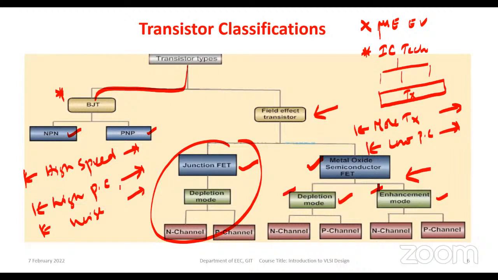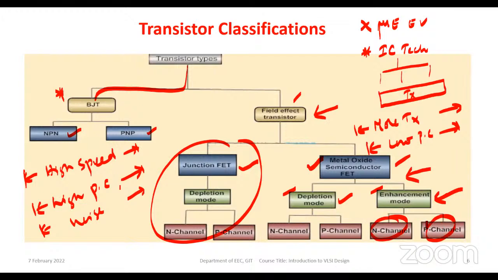But we focus on the metal oxide semiconductor field effect transistor, and only the enhancement mode type. There are two things: N-channel MOSFET and P-channel MOSFET.